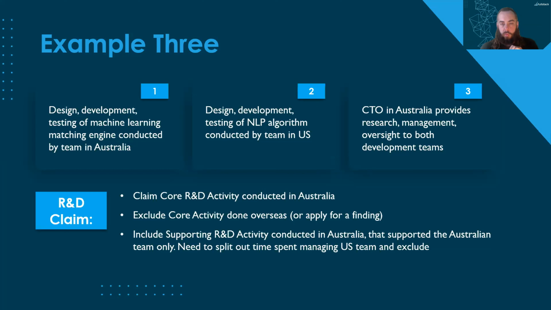Without a finding, you would exclude the US-based core activity. And then the CTO that provides support to both those teams, that would be a supporting activity, but you would only be able to claim the time spent supporting the Australian-based core activity. So you would need to determine how much time was spent supporting the Australian team, claim that, and exclude the time spent supporting the US-based team.